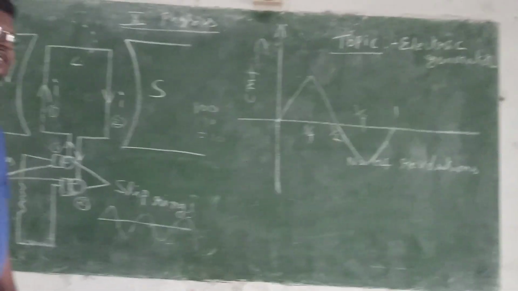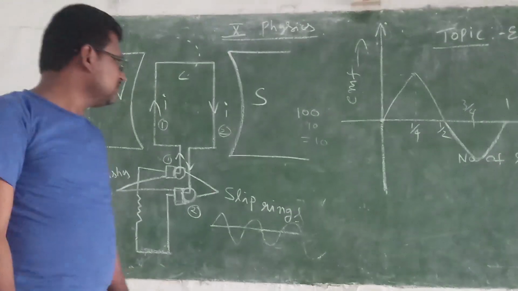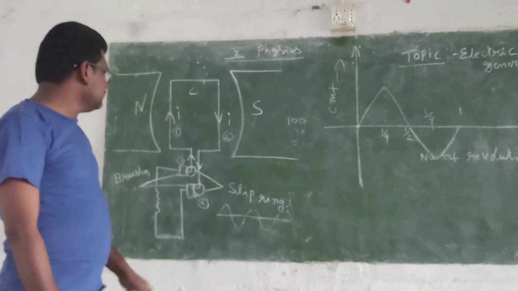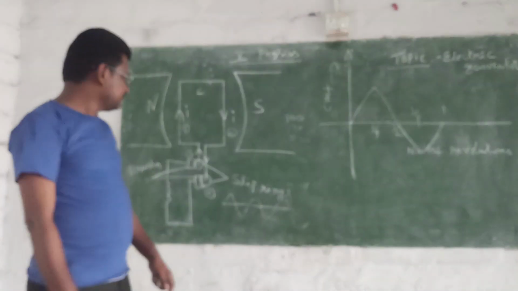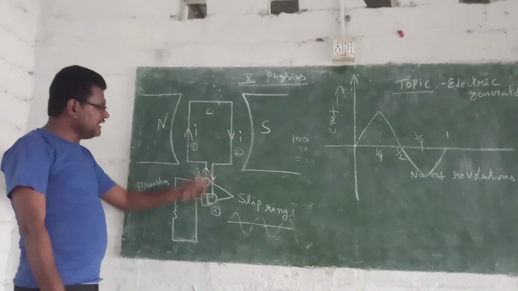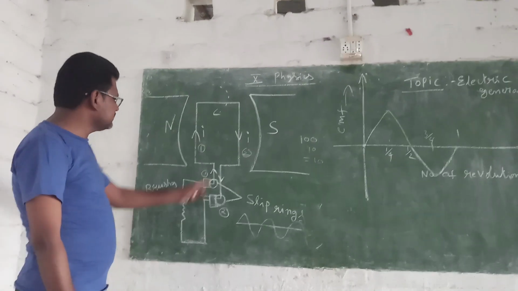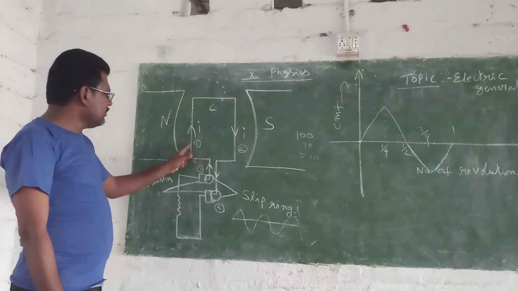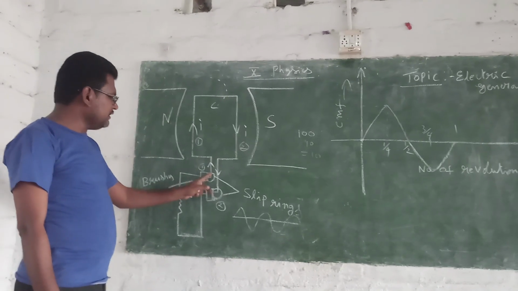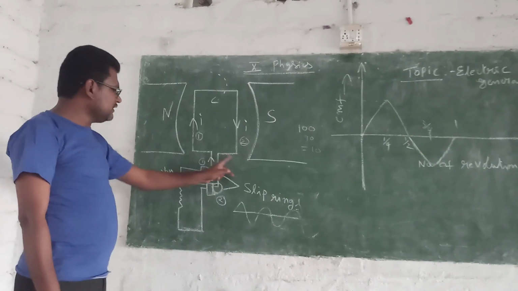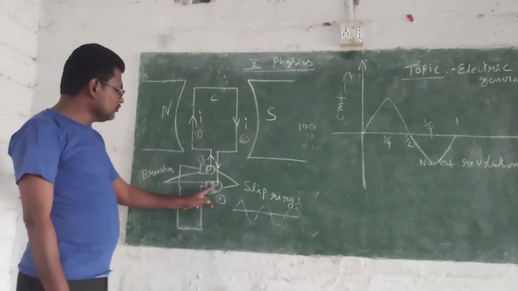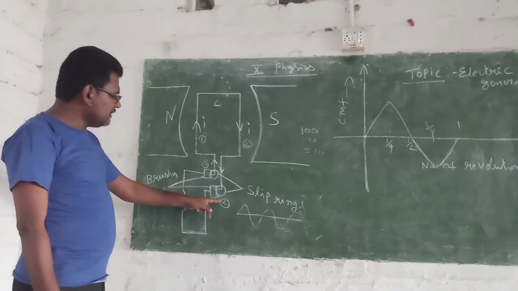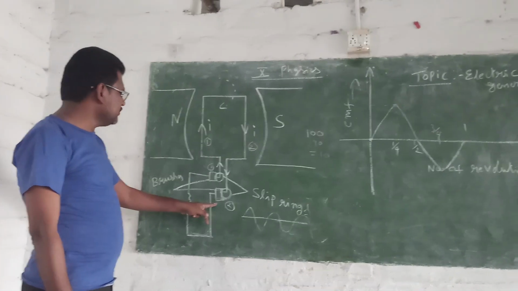Mostly for examination purposes they ask, draw the AC generator and label its parts. It is very easy to draw the diagram and label the parts. See here, it is a rectangular wire. One end of the wire is connected to slip ring 1, and the other is connected to slip ring 2. They are in touch with brush 1 and brush 2.